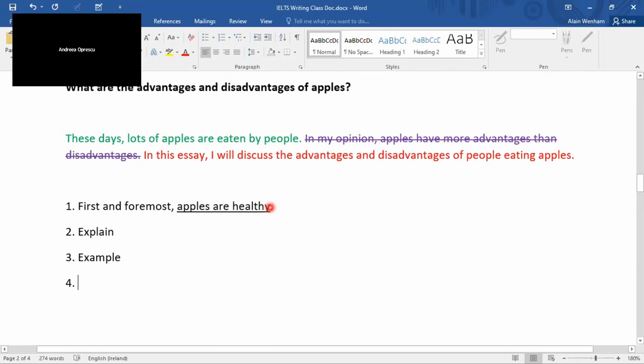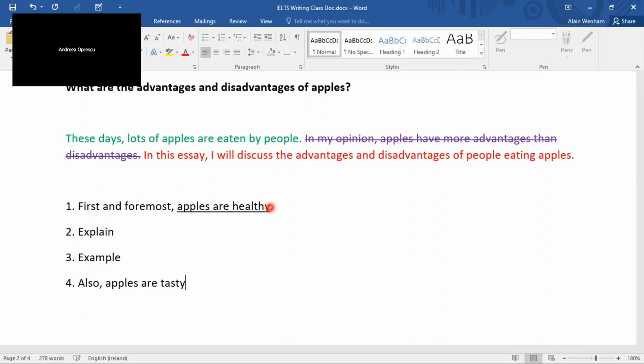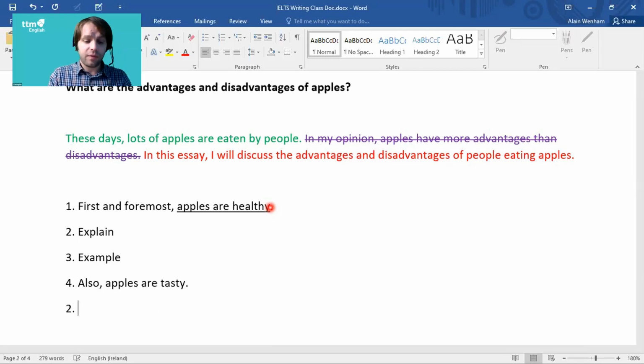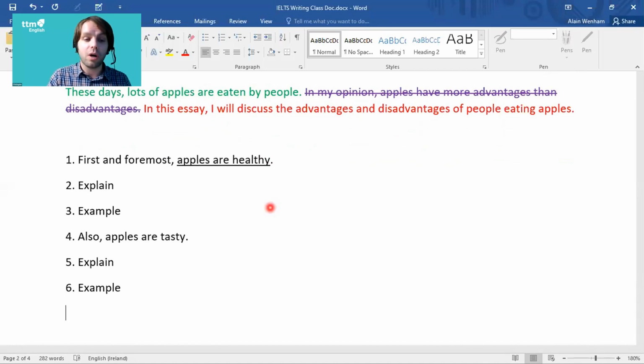So now I need to say something like, also, apples are, Andrea, what's another good thing about apples? Tasty. Tasty, right? Now, if we follow what I've been telling you, that means I have to write, now I have to explain that, now I have to give an example. Now, in my opinion, that's too much for you to do in 40 minutes.